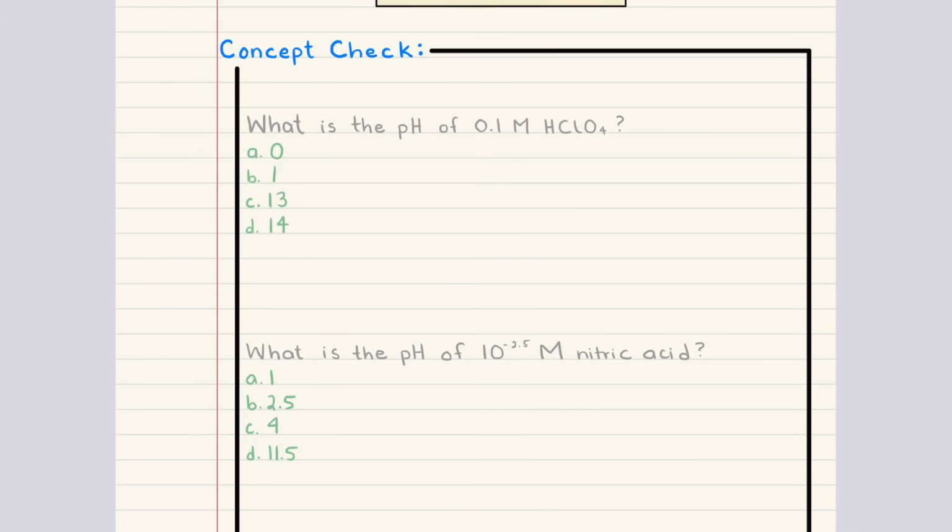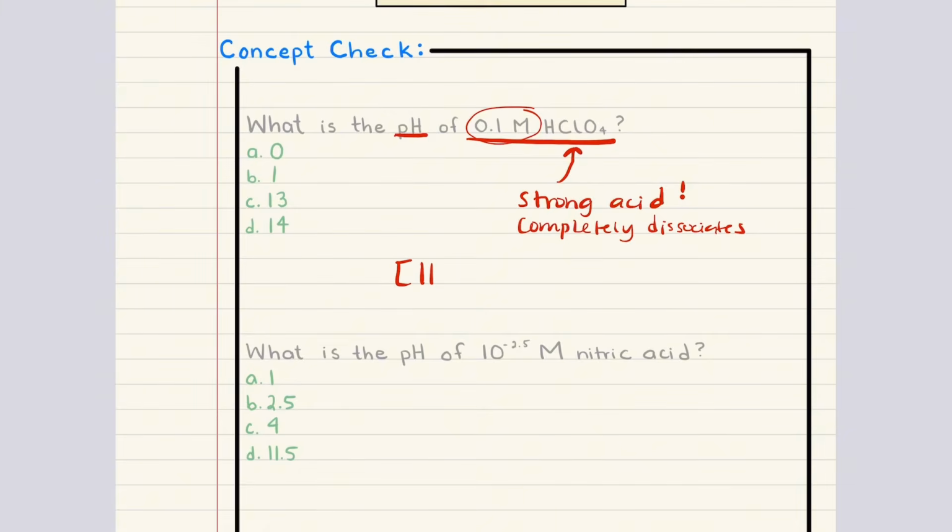The first question asks, what is the pH of 0.1 molar perchloric acid? Perchloric acid is one of our strong acids, which means it completely dissociates in water. Because the ionization is essentially 100%, the hydronium concentration is going to be the same as the initial acid concentration.